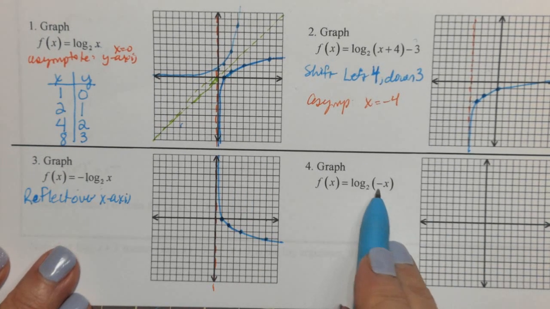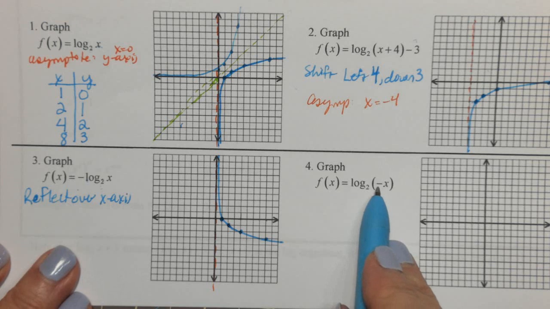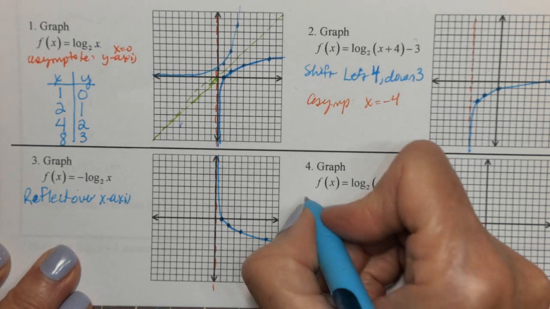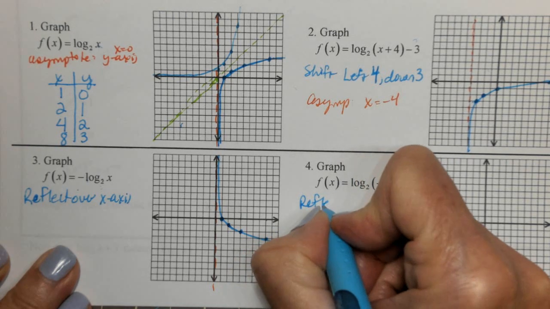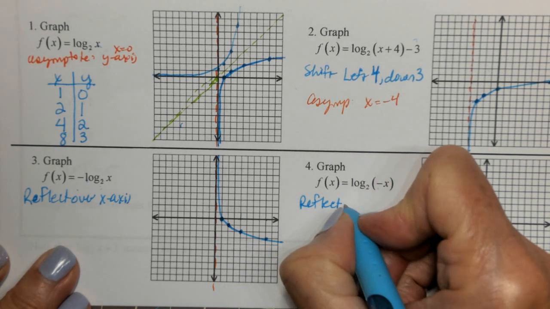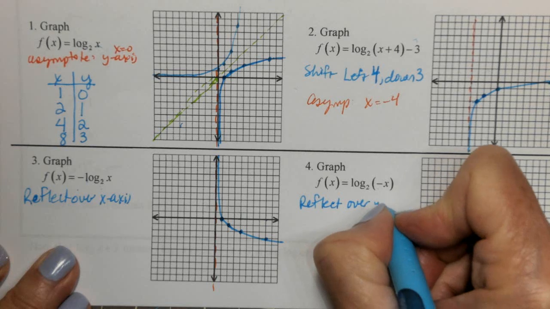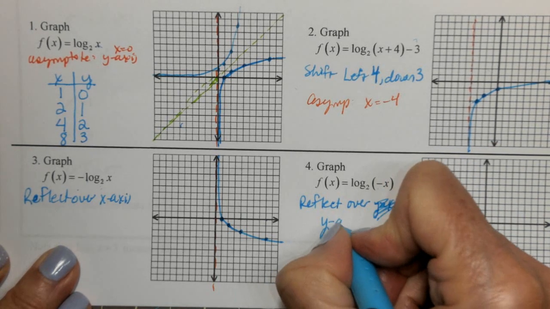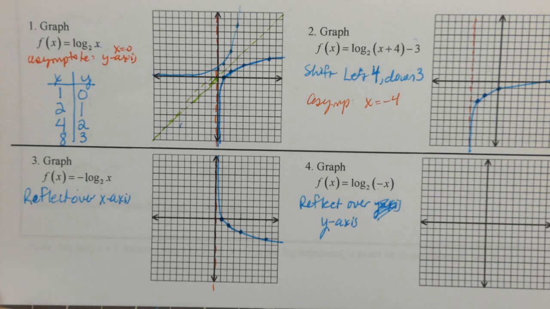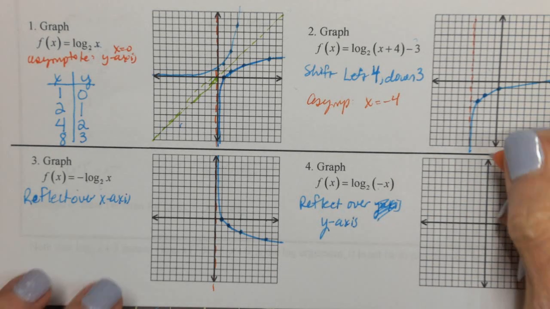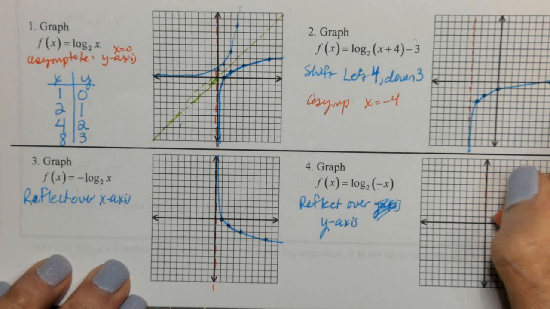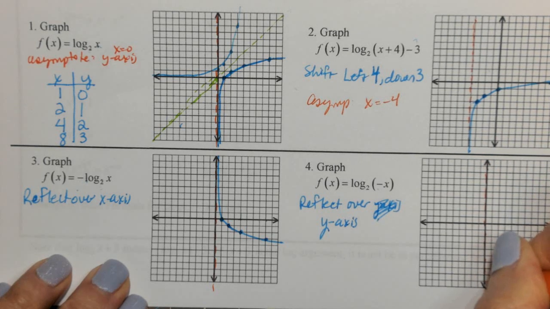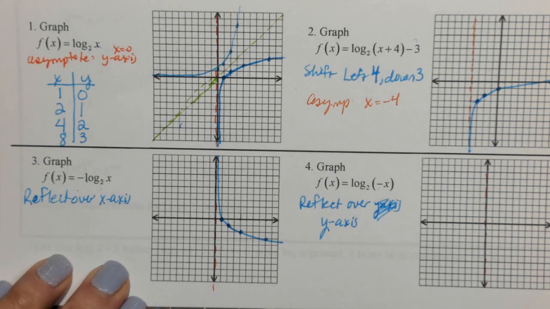Alrighty. What about if your negative is in there with the x? If it's in there with the x, it's going to be a reflection again, but this time it's over the y-axis. Okay, I'm getting really messy with my handwriting. I've done too many videos today. Alrighty. The asymptote is still on the y-axis.